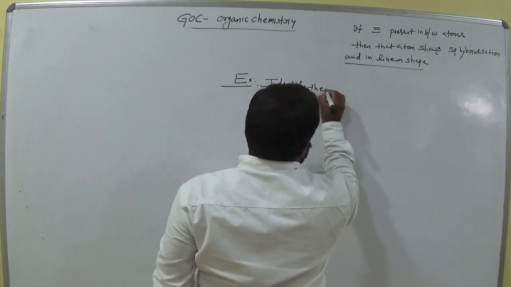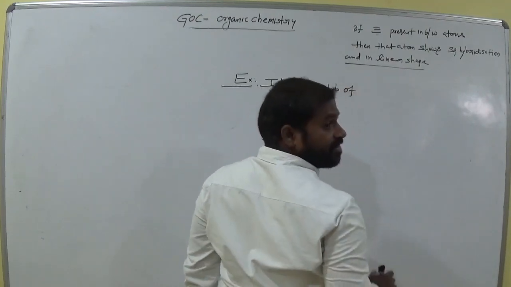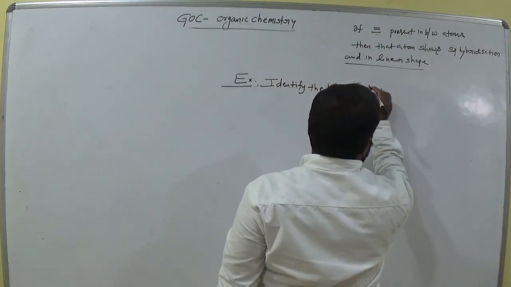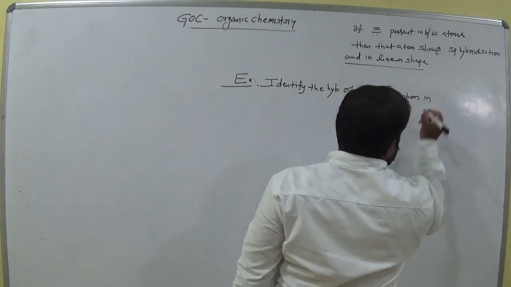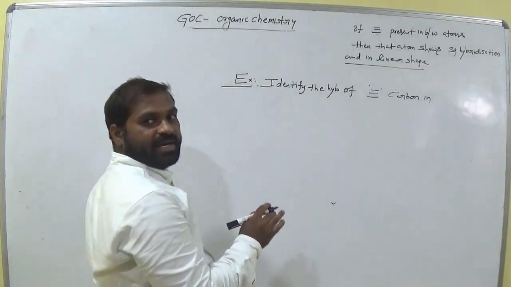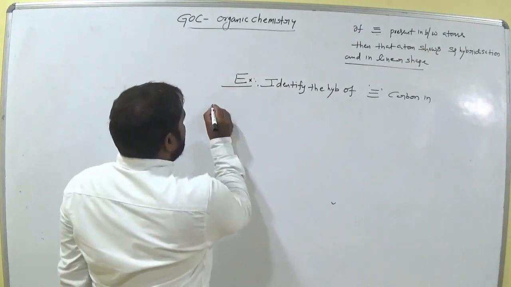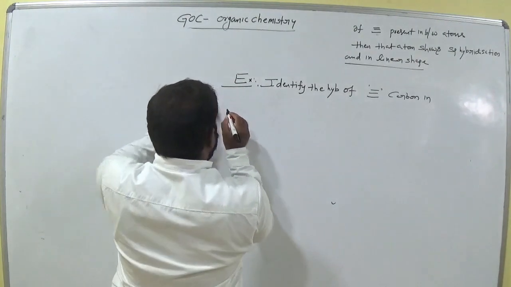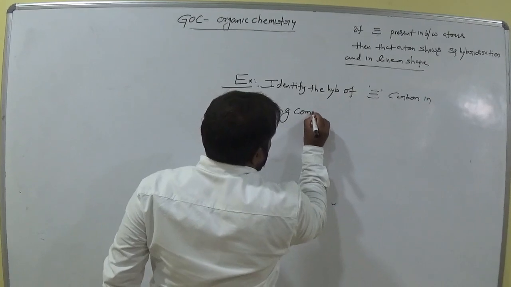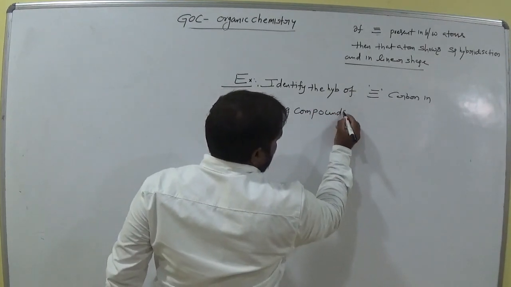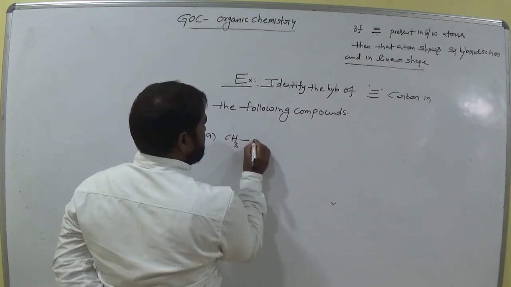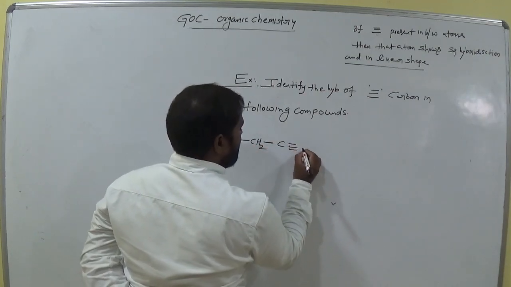Identify the hybridization of the triple bonded carbon in the following compound. Example: CH3, CH2, C triple bond CH.